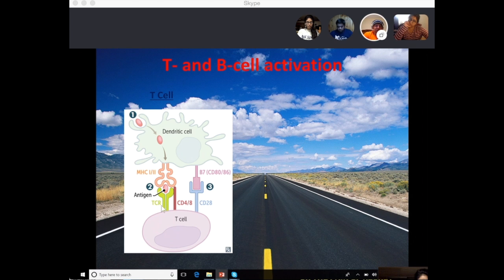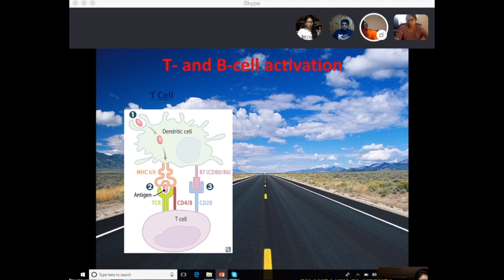But an immature T cell will always have CD28 and TCR, because those are indicative proteins on a T cell. And the function of this CD28 is to bind with B7. B7 is present on dendritic cells like we see here, and on B cells.